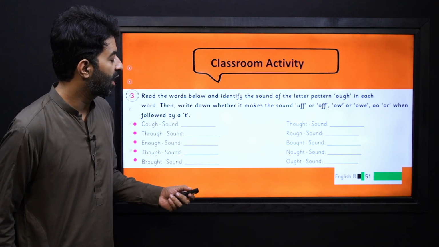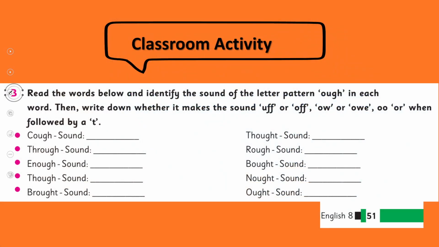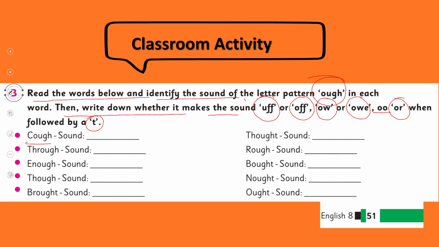Here you have this classroom activity where you have to read the words below and identify the sound of the letter pattern or letter string OUGH as we did in the lesson. Then write down whether it makes the sound of ow, or o, or oo, or the "or" sound when followed by T. Let me do the first one for you.